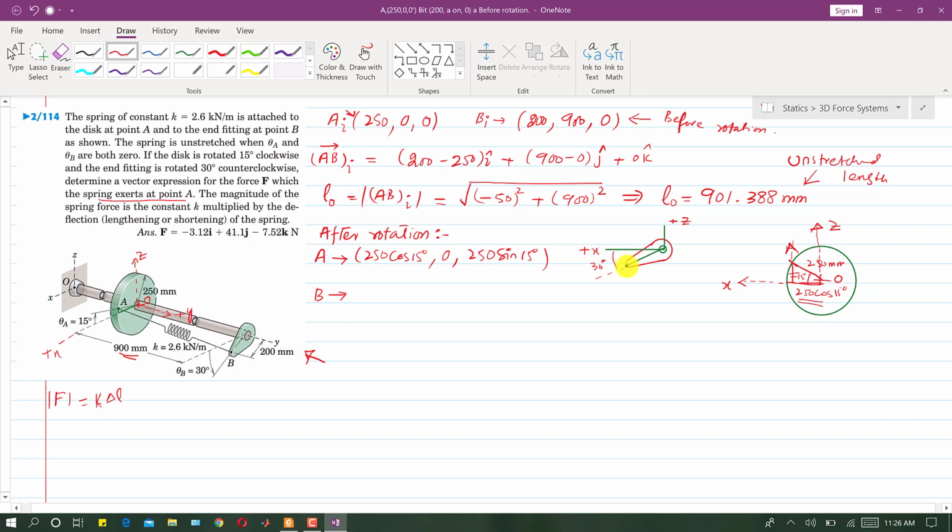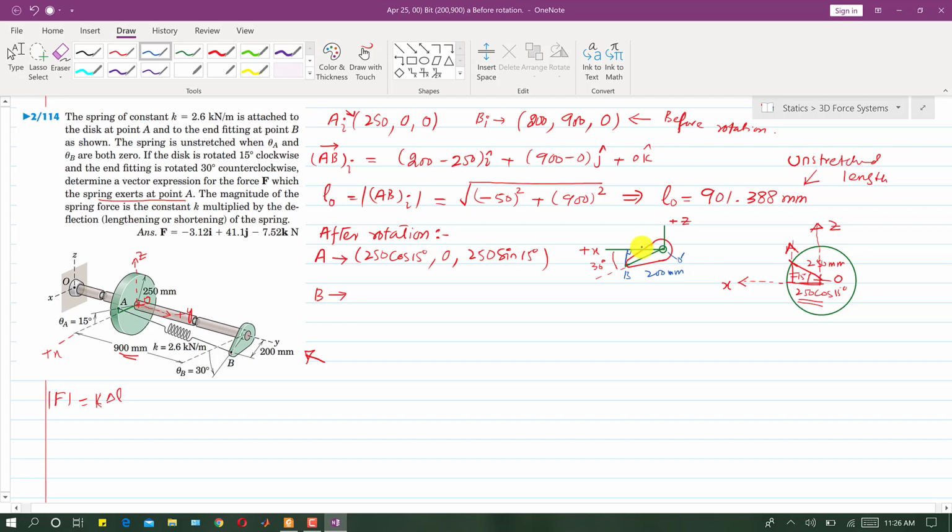Now if I draw a perpendicular from here, making 90 degrees, let's suppose this is O and the center is O dash, so O dash B is 200 mm.